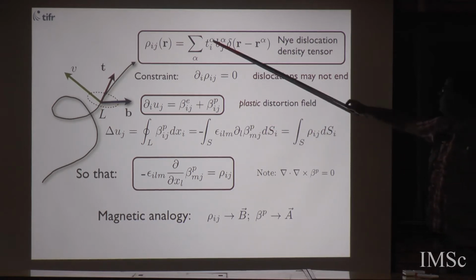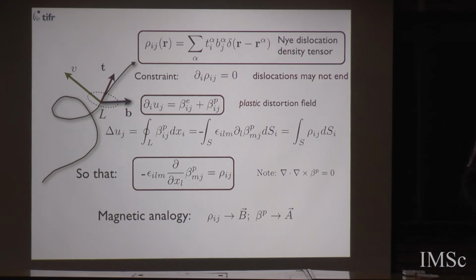Now we know that the Nye dislocation density tensor is a dislocation density. So if I integrate it over the surface, it should give me the total Burgers vector. So it is like a Burgers vector density. So this curl has to be equal to an integral over the surface of the Nye dislocation density tensor.